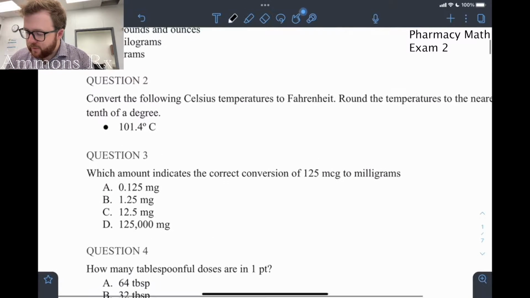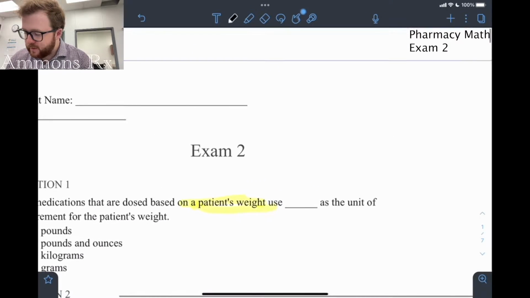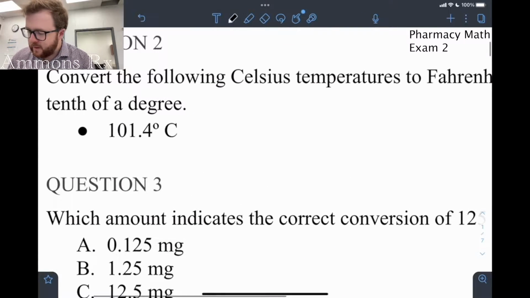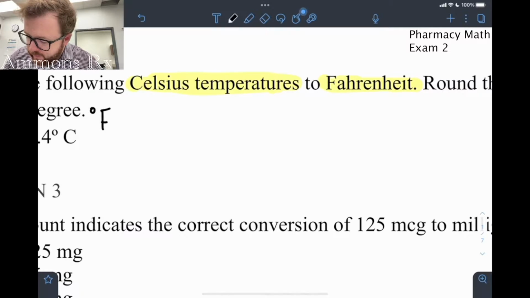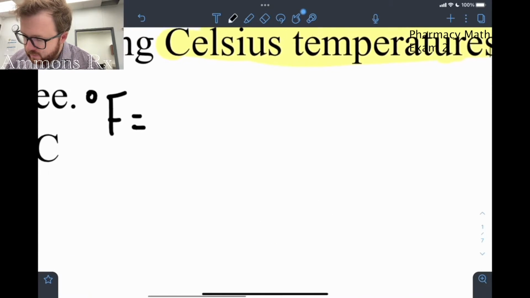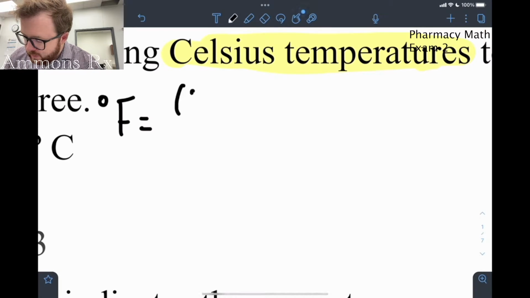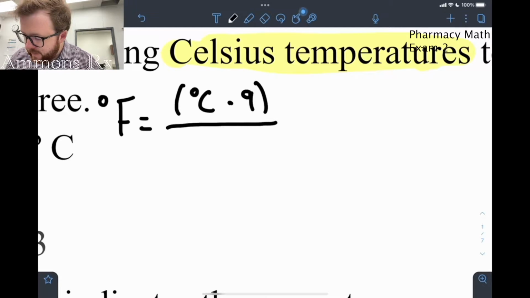Okay, so a temperature conversion. I'm going to write the formula right here. This is a Celsius temperature to Fahrenheit. Because you do have to memorize this formula, I'm going to go ahead and write the Celsius to Fahrenheit formula. Degrees Fahrenheit is equal to your temperature in Celsius times 9 divided by 5 and then plus 32.